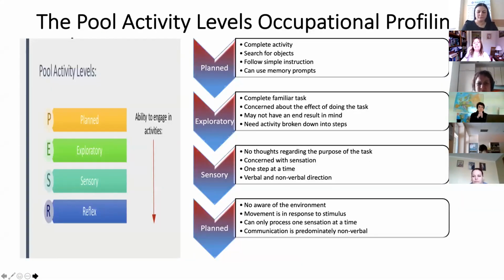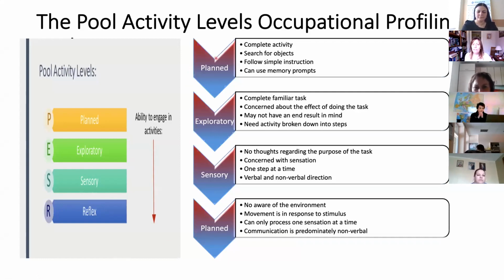And finally, the pool activity level, which is a very useful tool for helping you to structure how to run a snoozling session. And it's a simple assessment, and at the end of it, it will tell you where the individual sits on a criteria.